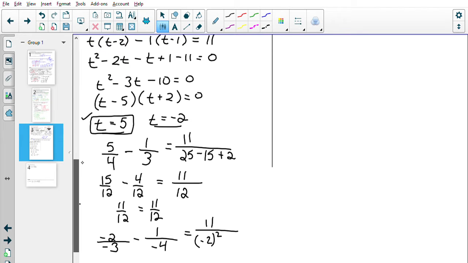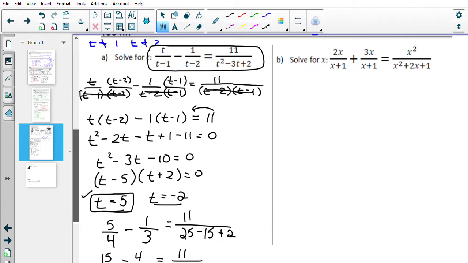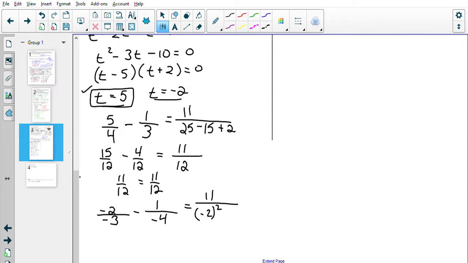I'm just going back up to check. Minus 3t plus 2, okay. Minus 3 onto minus 2, and then plus 2.